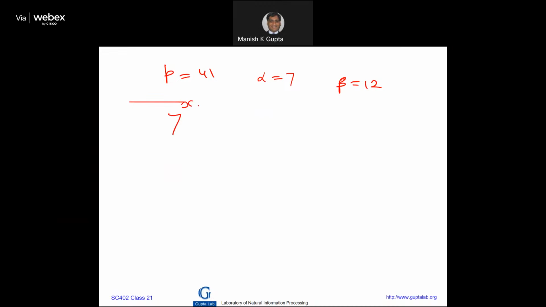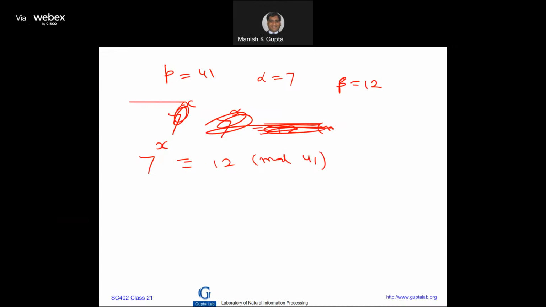I need to find x. Anyone tell me what we should do now? The problem is very simple: p is equal to 41, alpha is equal to 7, and beta is equal to 12. What should we do?